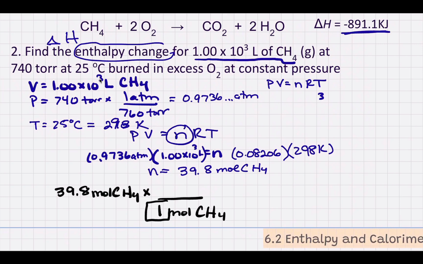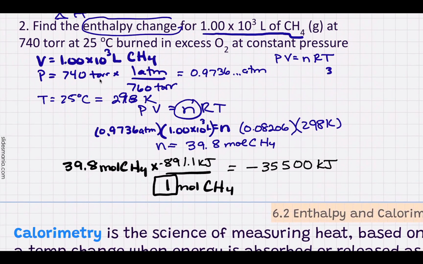Remember, this is from the coefficient in the balanced equation, and then the energy relationship. And again, you can put a negative, or you could give it a negative at the end, because this is how much energy is released, which is the enthalpy change for this particular reaction with that particular amount of methane.